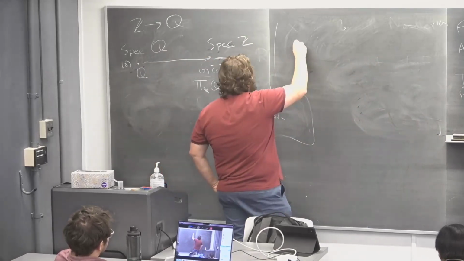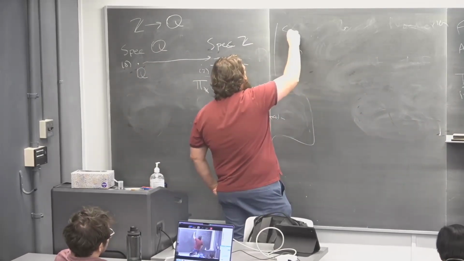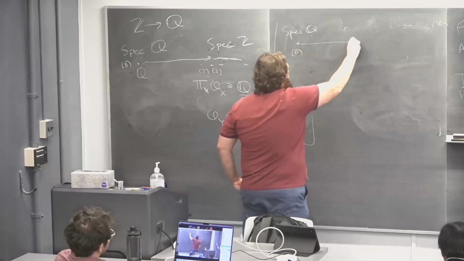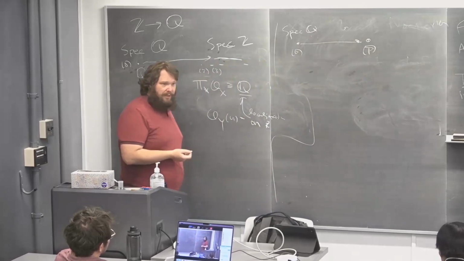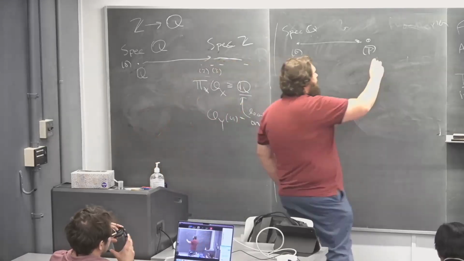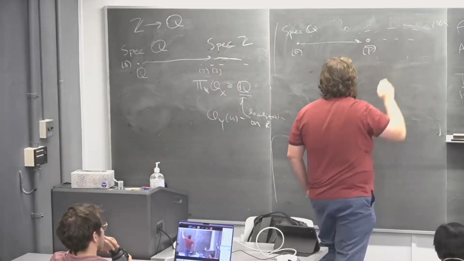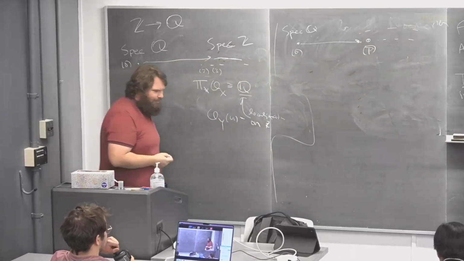But I could instead take the point 0 in Spec of Q and map it to some prime P. So that's a perfectly good continuous map of topological spaces. I'm sure you will all agree. So what's the push forward?